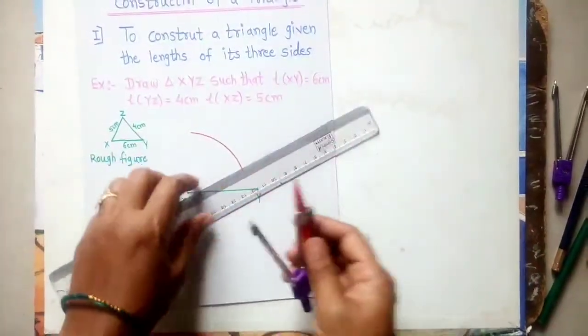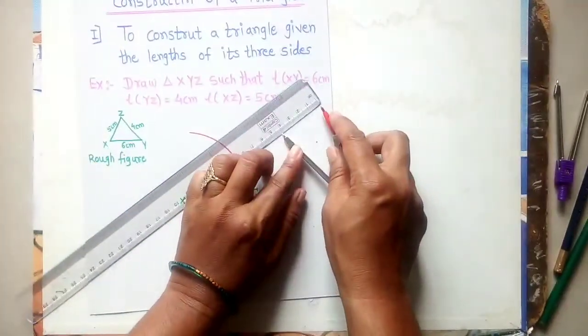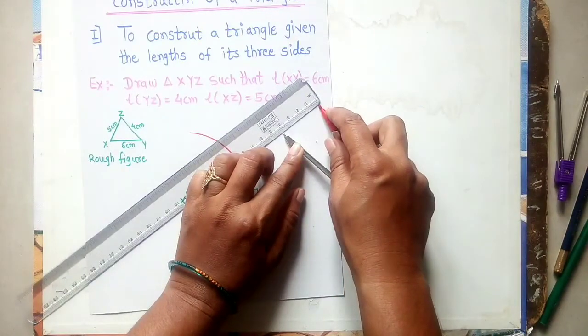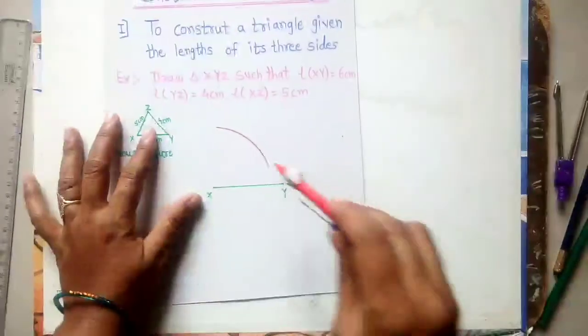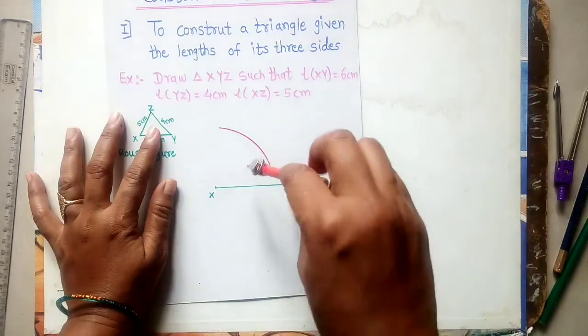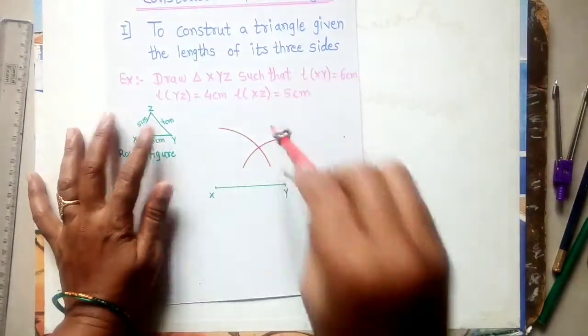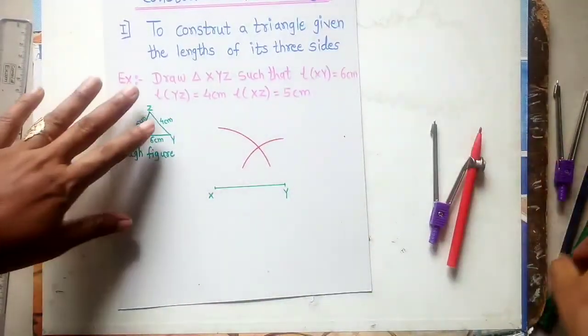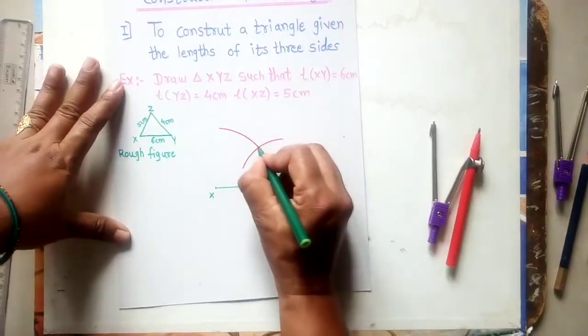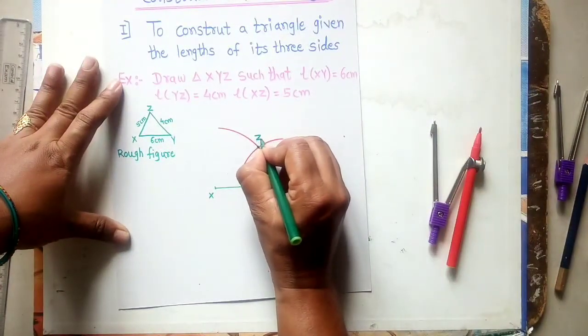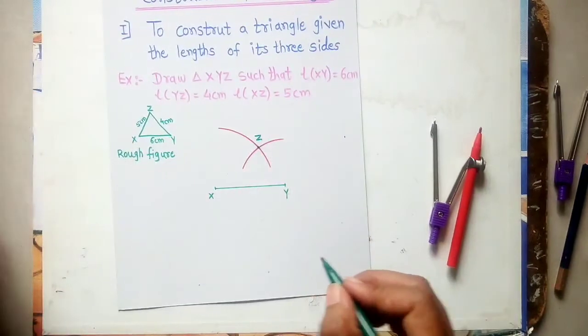Then set the compass to 4 cm and draw the second arc to cut the first arc. Highlighting the intersection, name the point Z.